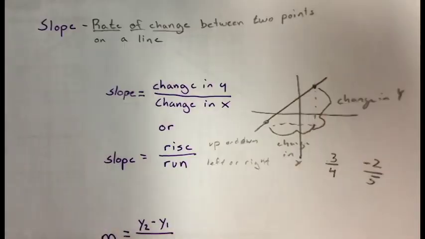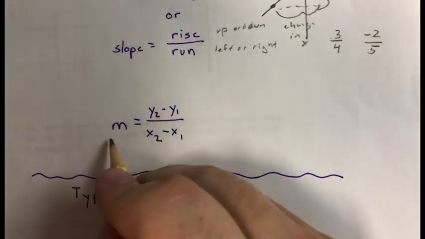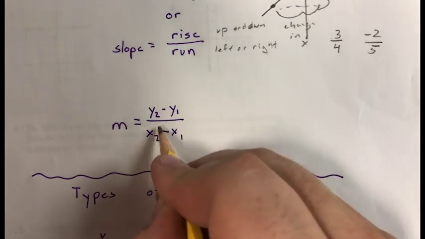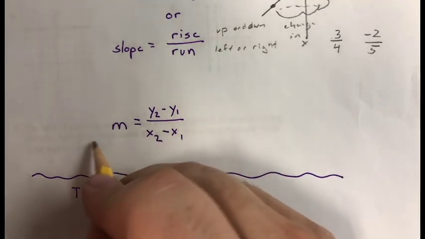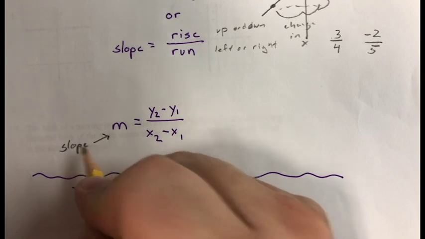Now, from a mathematical standpoint, we have this equation, where m is equal to y sub 2 minus y sub 1, all divided by x sub 2 minus x sub 1. This m represents slope, okay?